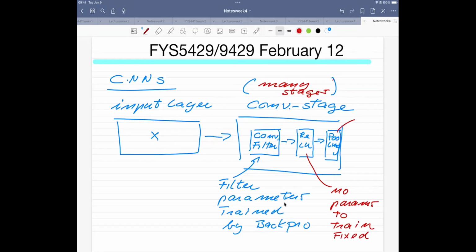And here we also have no params. It's the same situation as we have previously. When we're done with the convolution stage, you can have many such stages, but the next stage is normally the neural network, because now you have scaled down the images. You made many replicas of the image, which are normally smaller ones, and then you feed this into a standard neural network.